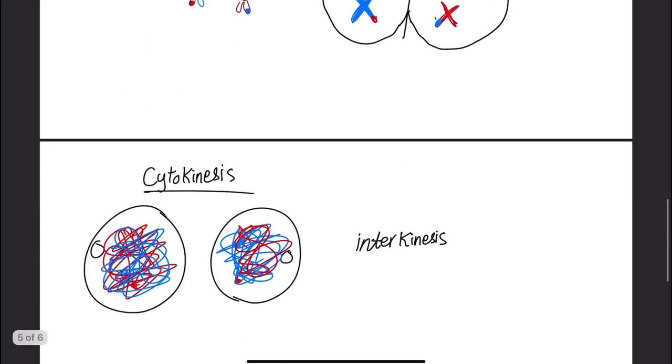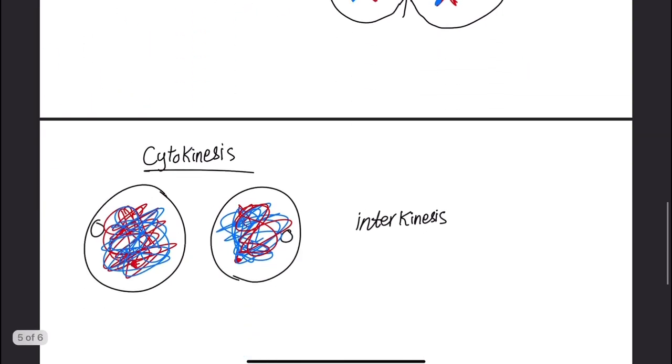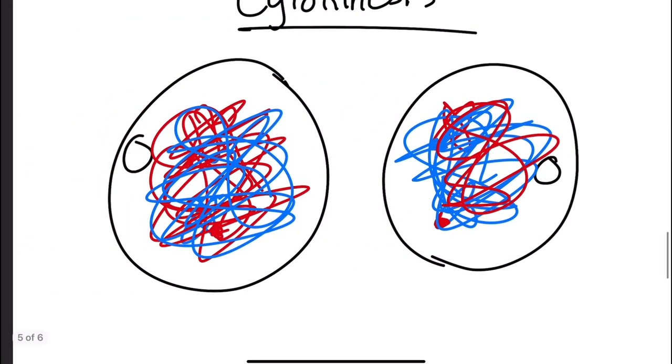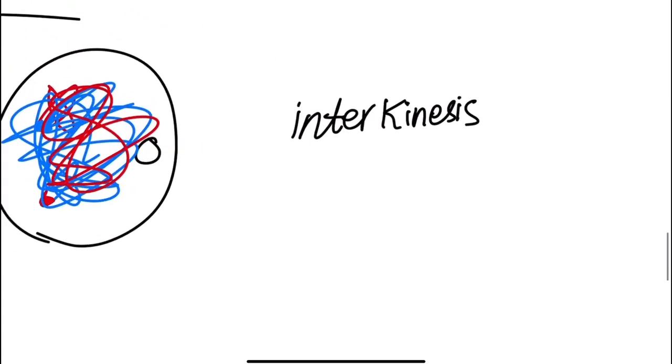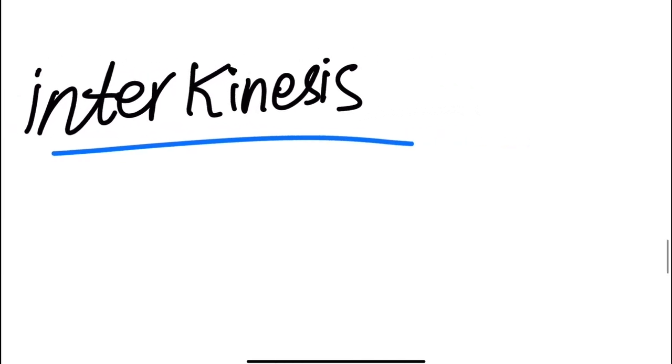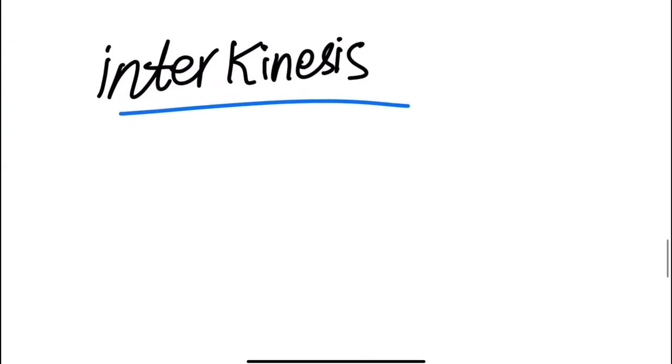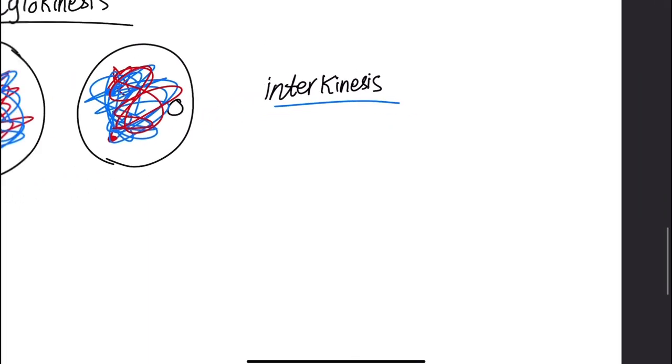Then after the separation, once the nuclear envelope is formed, the chromosomes decondense and go through a phase called interkinesis. As a reminder, interkinesis only occurs in some species; it's like an interphase for Meiosis II.